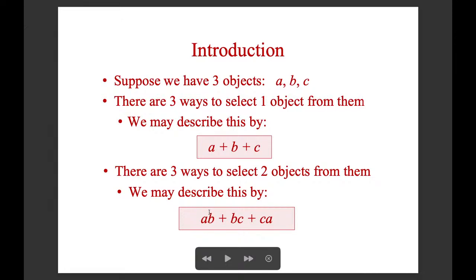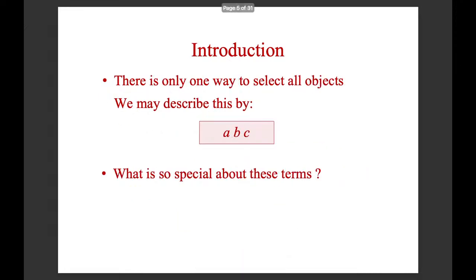AB here means that we are selecting two objects, namely A and B. We use multiply to describe the AND operation. So A and B, or B and C, or C and A. And how about selecting three objects? There is only one way, and we can describe it by A times B times C, meaning A and B and C.